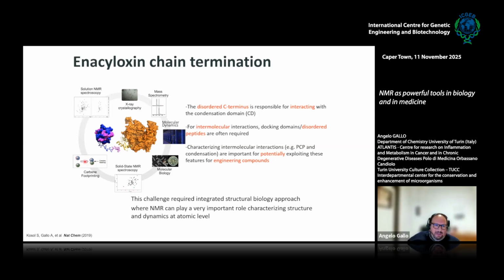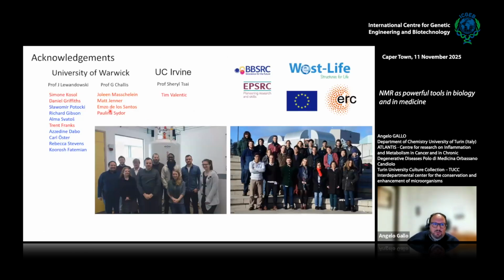There was also this technique applied for mass spectrometry, the carbon footprinting, and solution state NMR. So here I wanted to show how NMR alone cannot do the entire work, but needs to be integrated in a broader selection of techniques. From this side, I want to thank all the people from the UK, where I've been staying for 5 years. And now let's switch a bit to the latest work I've been doing using NMR.